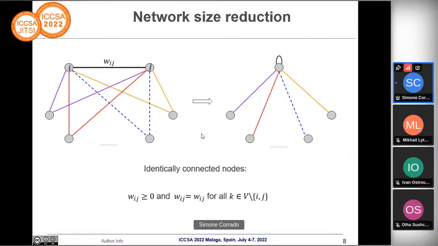Basically, they are indistinguishable. So if for some reason they are in different communities, then either moving i to the community of j or moving j to the community of i would only increase the final score by the weight of the edge connecting them, but it won't decrease. So those are two types of nodes that could be merged to reduce the network size.